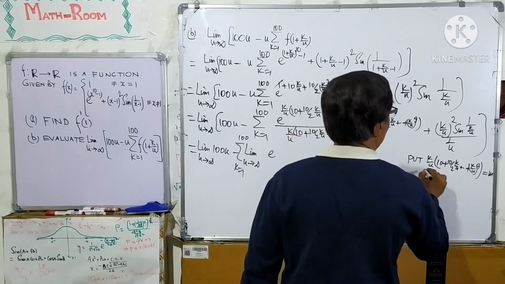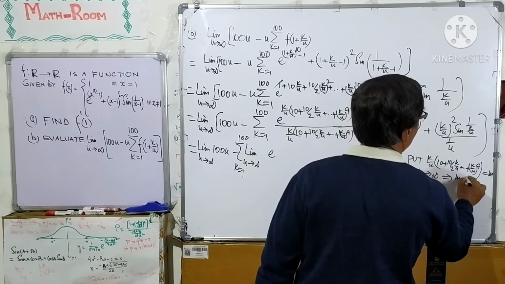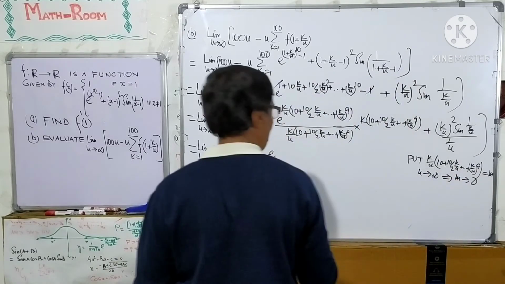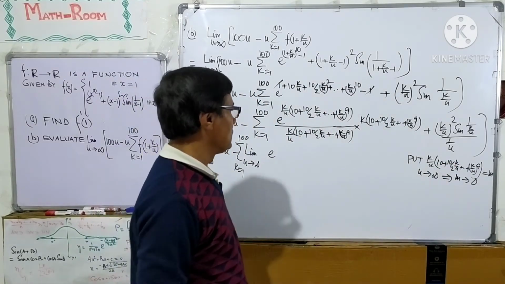So u tends to infinity implies m tends to 0. If u tends to infinity, then m tends to 0.